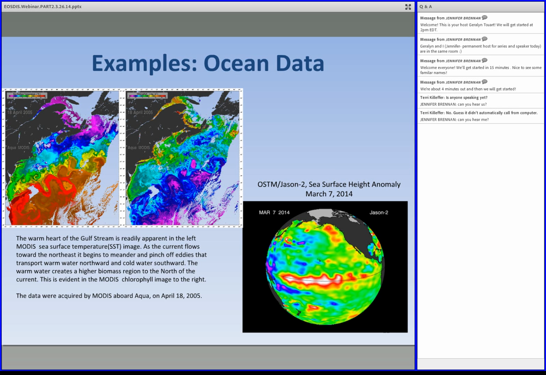This image shows you sea surface height anomaly with the seasonal cycles removed, so the effects of summer, fall, winter, and spring have been removed. I should also note that each image is a 10-day average of the data centered around the date that's indicated, in this case, March 7th, 2014.